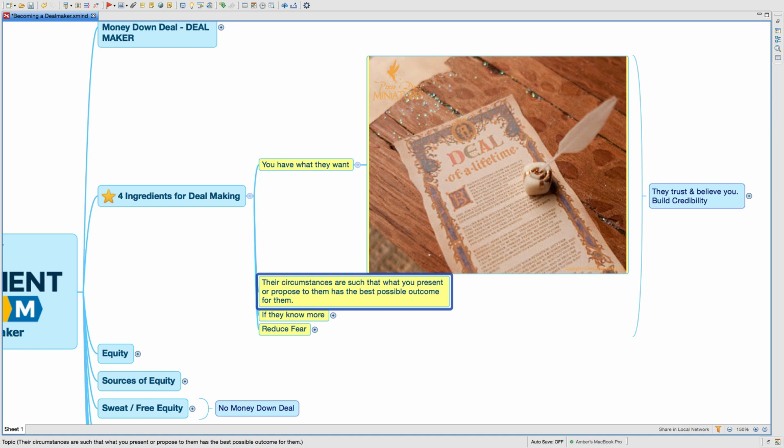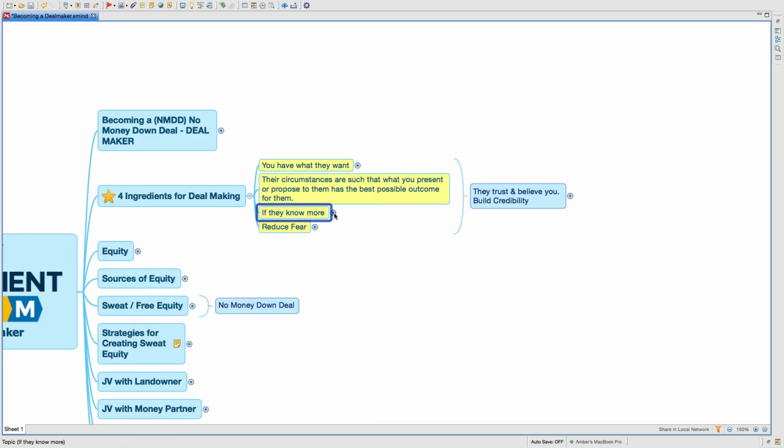Make sure that you look after them, and always understand that they will only come to you if they can see that your opportunity is much better than their current situation. So that's one of the reasons people will do a deal with you.